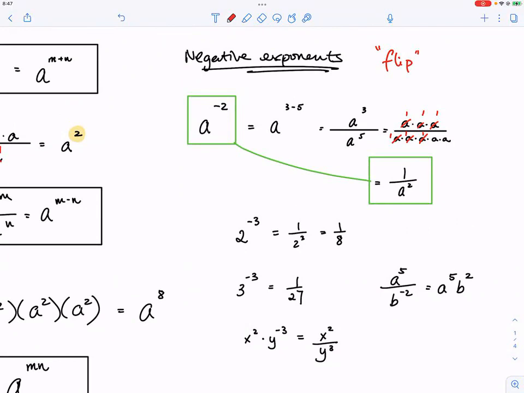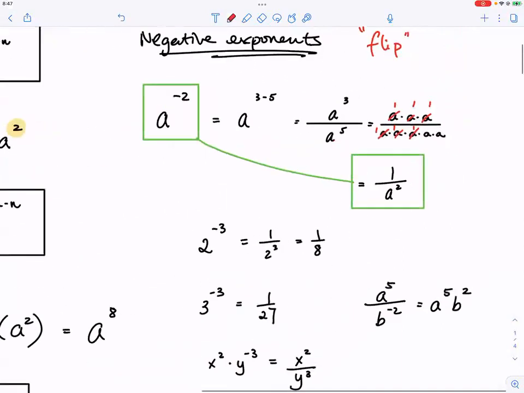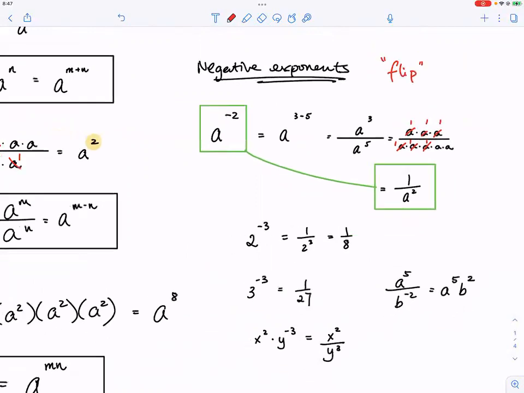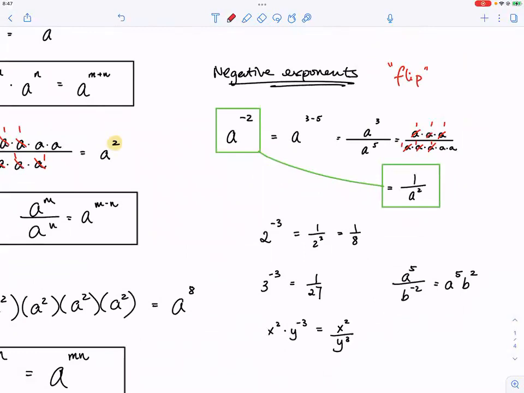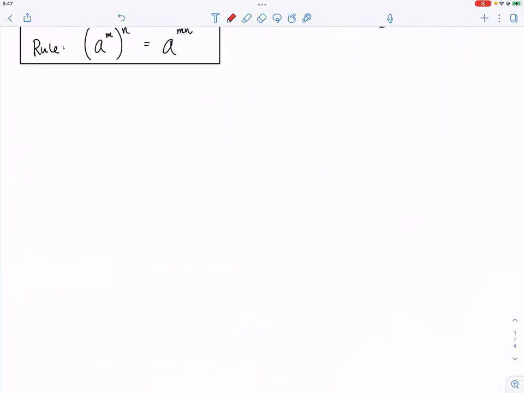Denominator becomes numerator. Okay. We're going to see them a whole lot more in the upcoming days. Okay. So when we talk about exponential functions later on, you will see a lot of them. So I just want to expose this to you again so that you have some experience, and we'll see more in the near future.